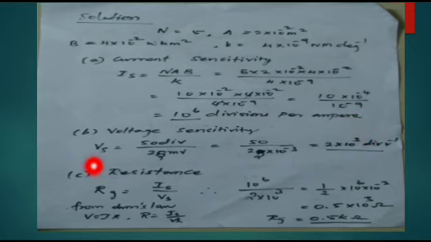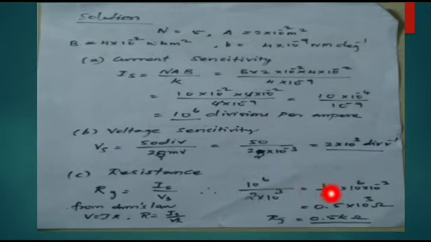The last one is the resistance of this galvanometer. From this, S R is equal to Is divided by Vs. The resistance of the galvanometer is the ratio of current sensitivity and voltage sensitivity. Therefore, 10 power 6, that is the current sensitivity, divided by the voltage sensitivity, 2 into 10 power 3.